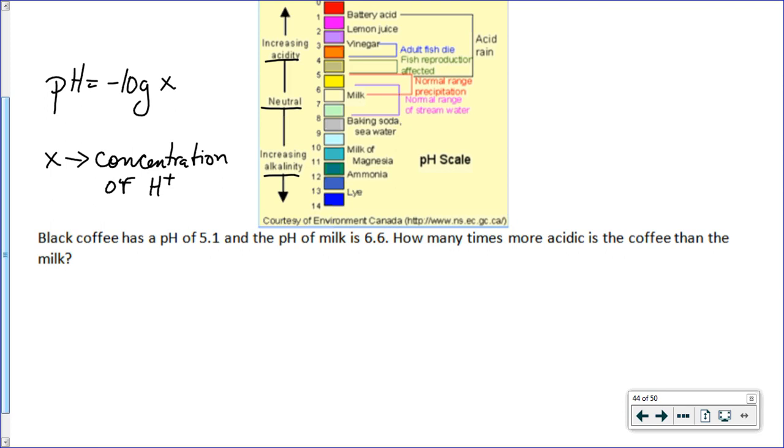And so what we want to find is what is that x for coffee with a pH of 5.1 and then the milk with 6.6 and compare those two to see how different they are.